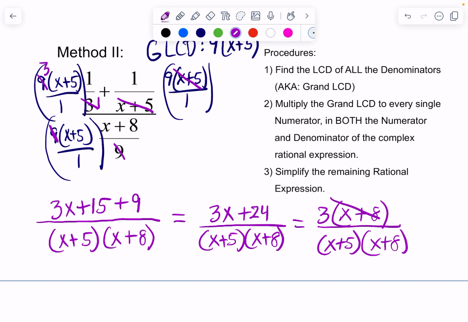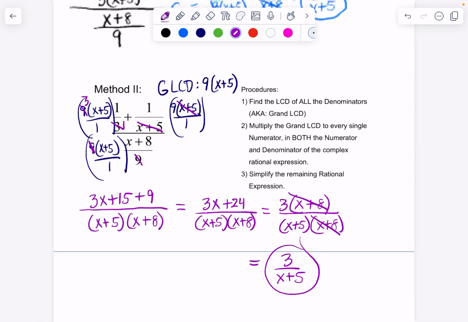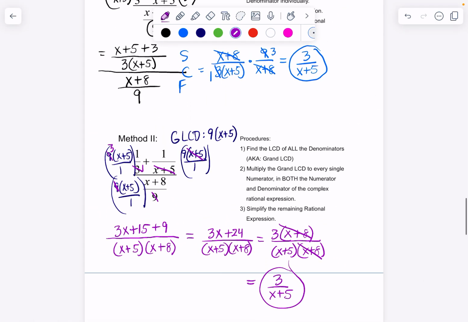The x plus 8 in the numerator cancels out with the x plus 8 in the denominator, leaving me with the beautiful answer of 3 over x plus 5, which once again is identical to the answer that I found using method 1. So now you know method 1 and method 2. It's up to you to decide which one you love and then go ahead and master it.